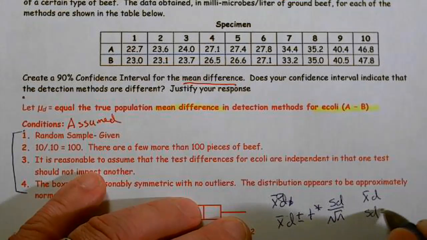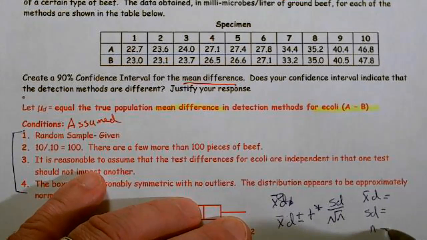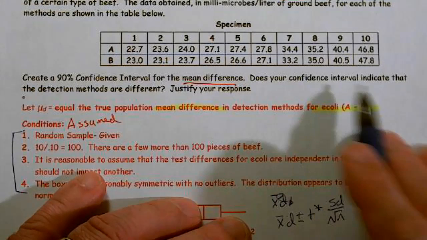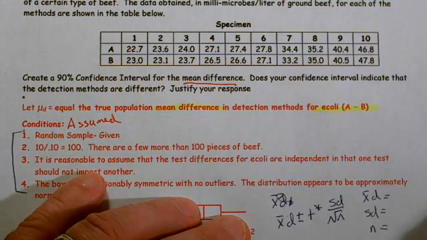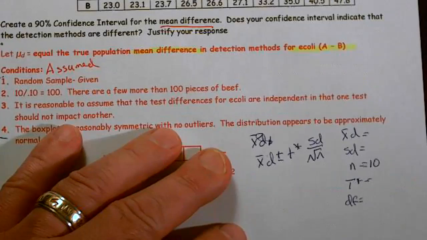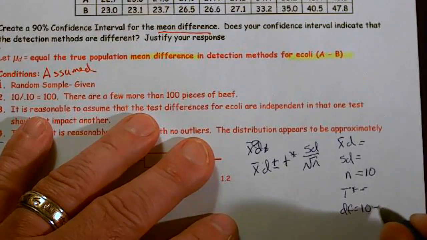SD, we don't know that. N, we do know that. We have 10 pairs, so we have 10 groupings. Even though we have 20 readings, our sample size is 10. We're going to need our T star and our degrees of freedom. We don't know T star, but we can say our degrees of freedom are 9 because it's just 10 minus 1.